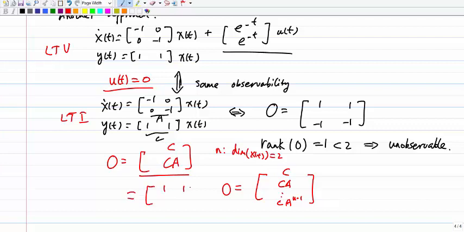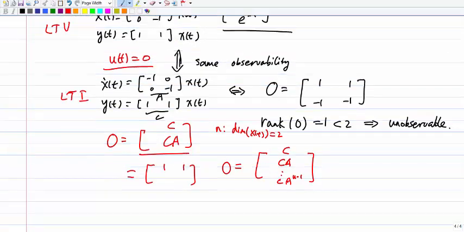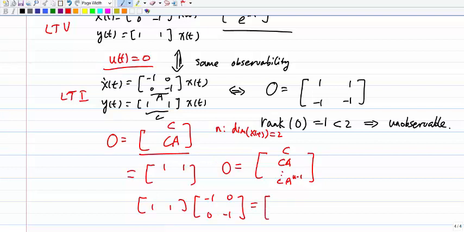C times A, where C is 1 0 1 and A is -1, 0, 0, -1, the product will be just -1, -1. So it's 1, 1, -1, -1 over here. Again, you see the rank of this guy: the rows are dependent because they're the same. So the rank of O is just 1, less than 2, so it's also unobservable.